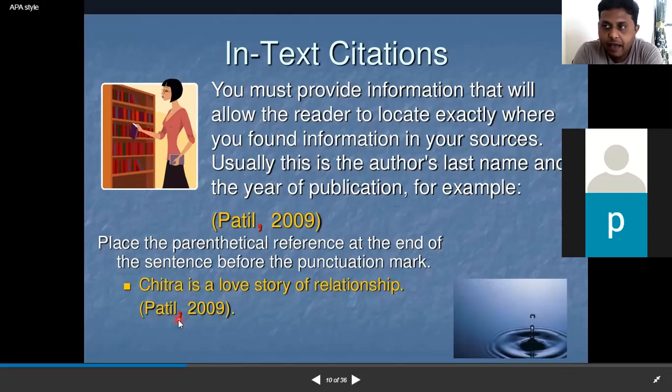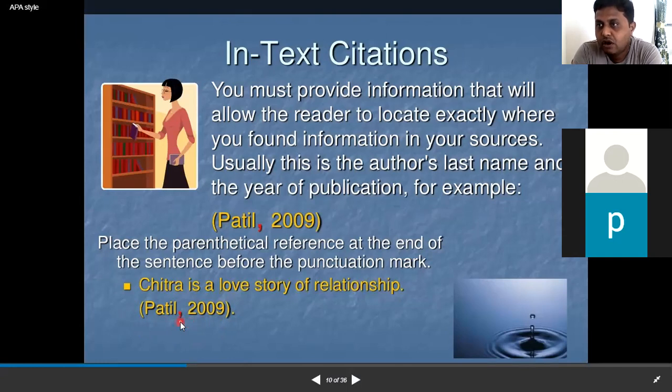In the case of MLA, what happens? We have the bracket, the same, the name, the same, that is Patil, with the capital P, the same. Year is also there, that is the same case, but a difference is there, that is comma.